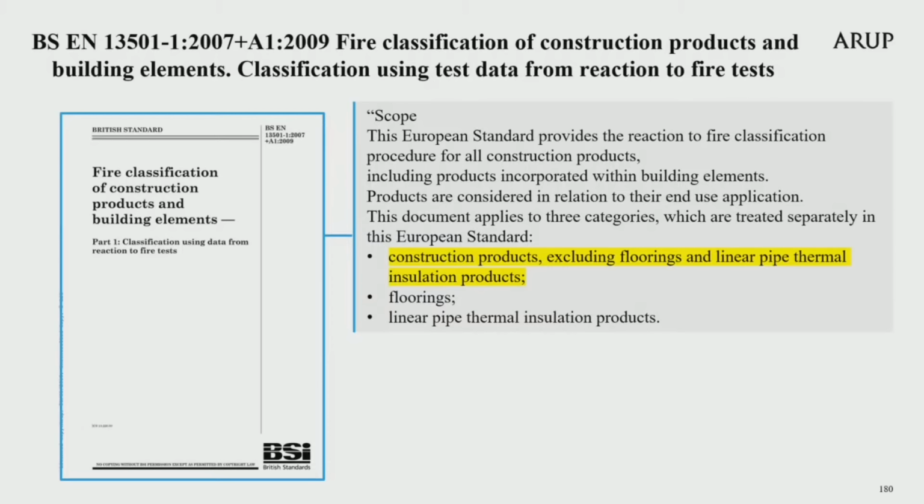The scope of the standard states, this European standard provides the reaction to fire classification procedure for all construction products, including products incorporated within building elements. Products are considered in relation to their end-use application. This document applies to 3 categories, which are treated separately in this European standard. I will focus on construction products only today.